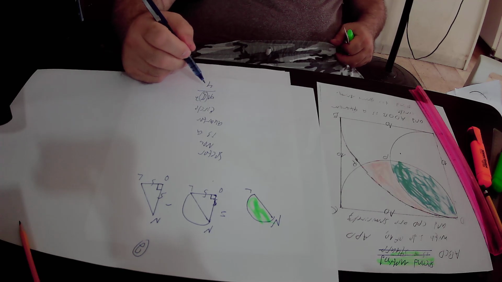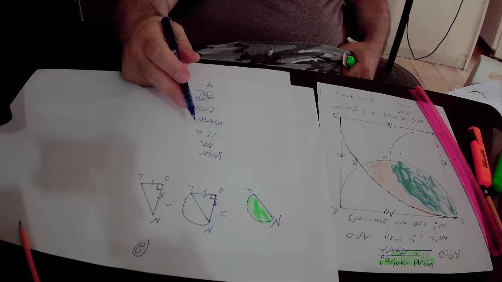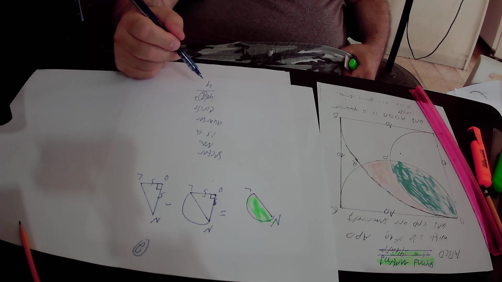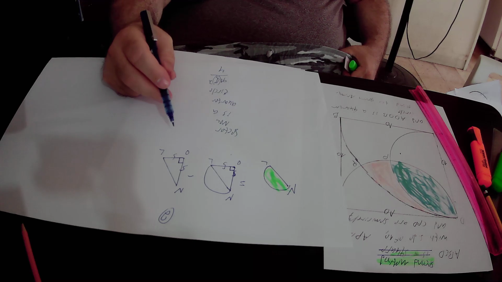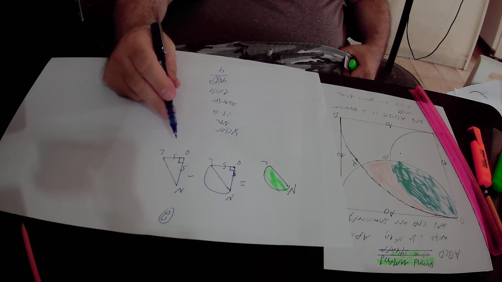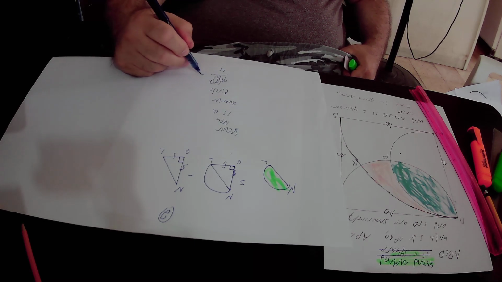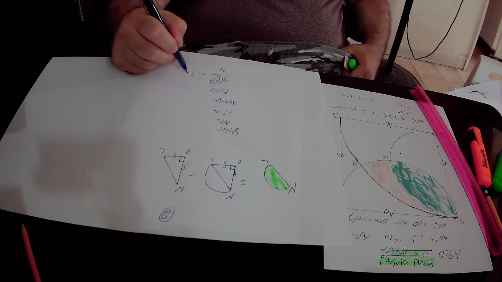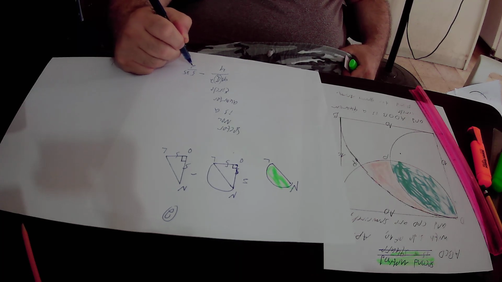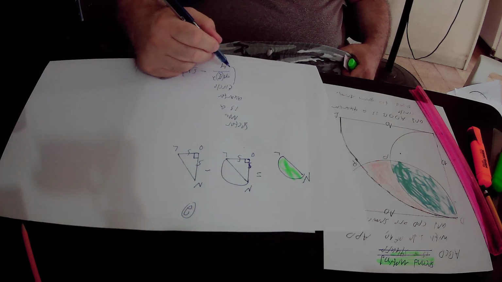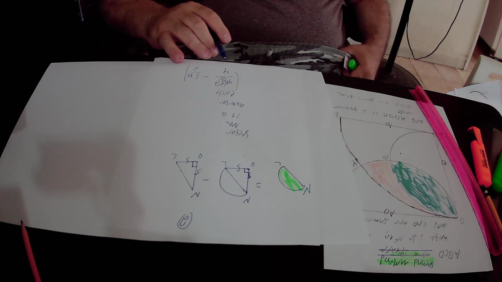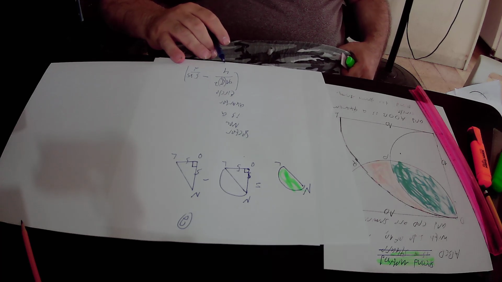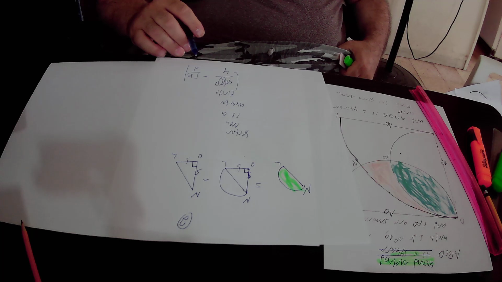Pi 5 squared over 4 is the area of sector NOL, and the area of this triangle is the base times the height over 2. The base is 5, the height is 5, over 2. So we found that the area of circular segment NL equals pi times 5 squared over 4 minus 5 times 5 over 2.